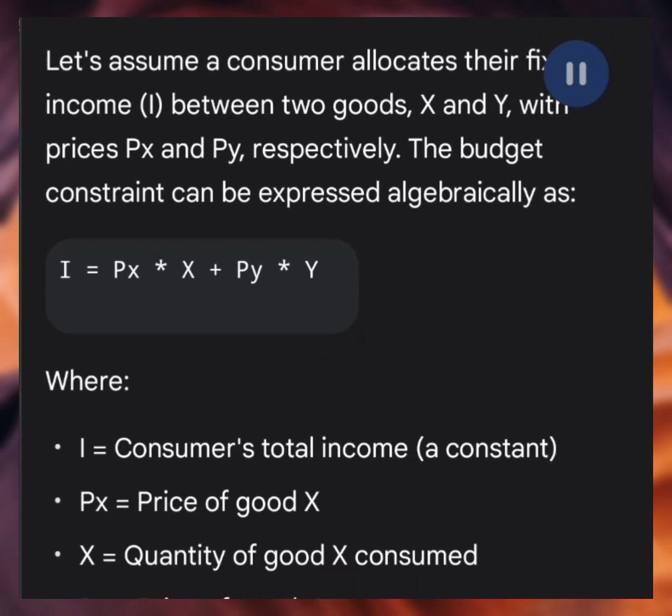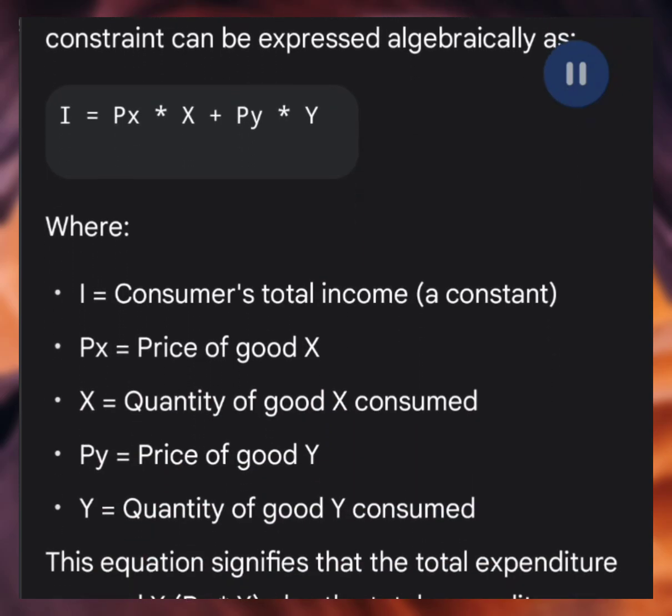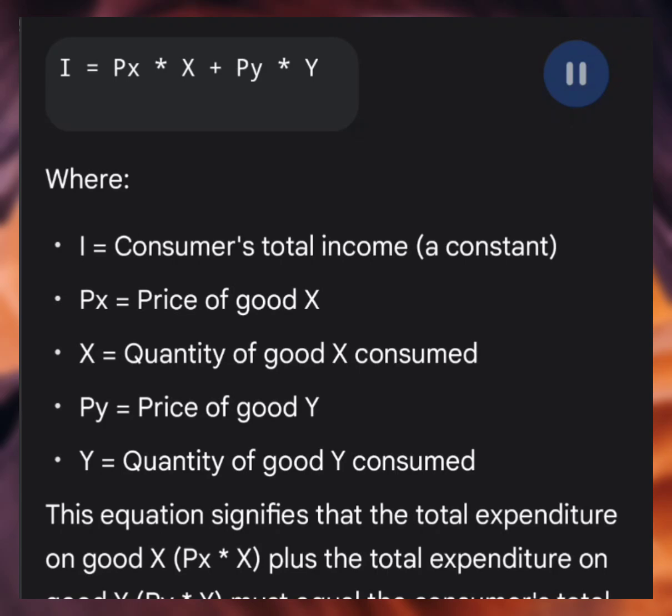Px equals price of good X. X equals quantity of good X consumed. Py equals price of good Y. Y equals quantity of good Y consumed. This equation signifies that the total expenditure on good X, Px X, plus the total expenditure on good Y, Py Y, must equal the consumer's total income, I.